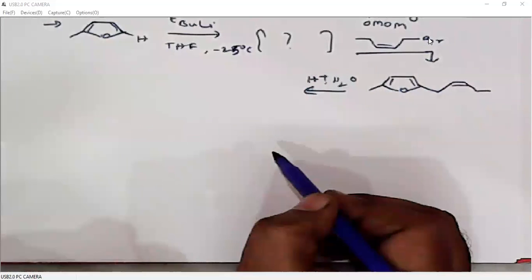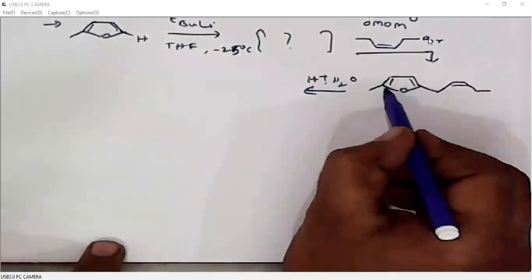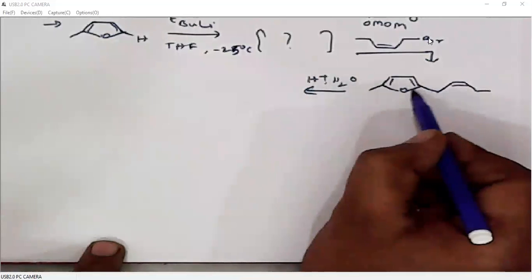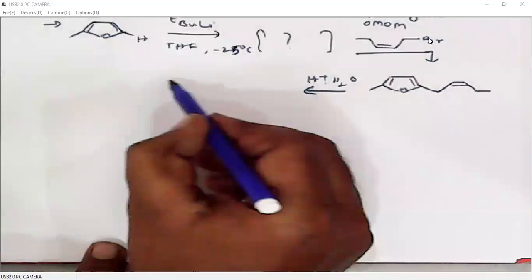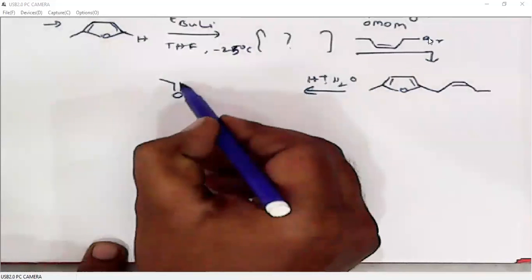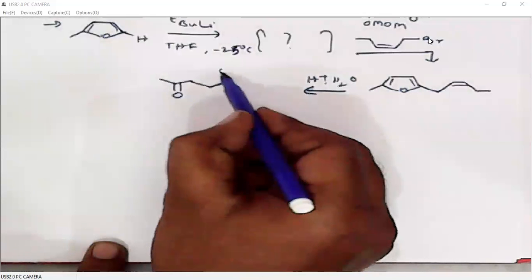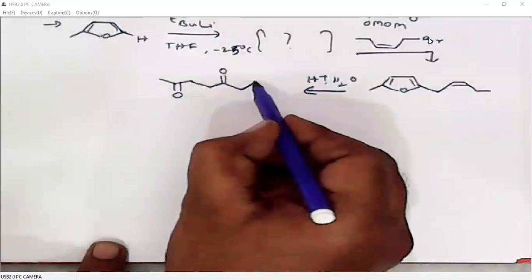So the hydrolysis process takes place here. It generates this enol and this enol. Both can be tautomerized to give the corresponding carbonyl molecules.